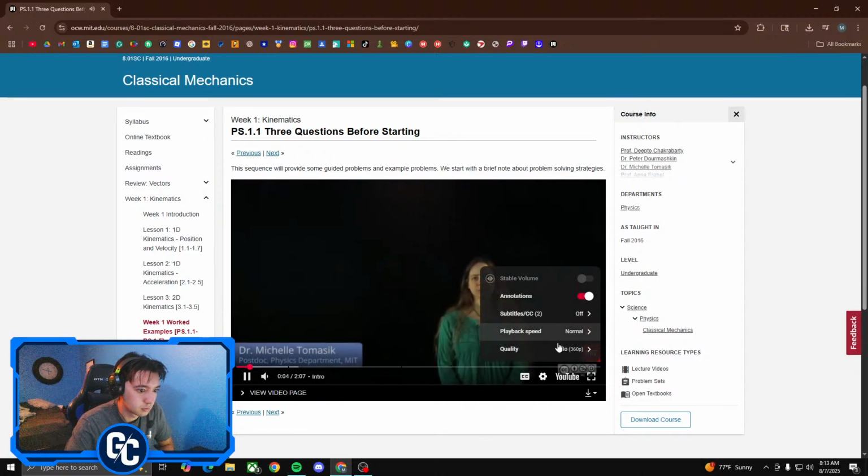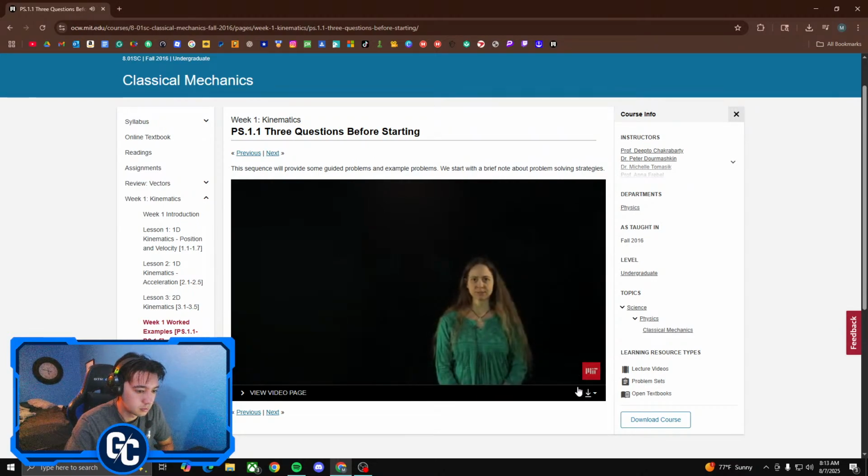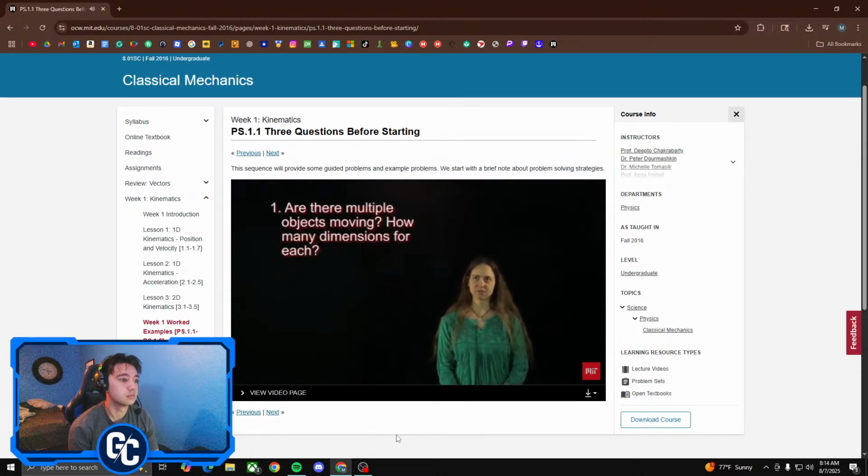I'd like to talk to you about solving these kinematics problems. So we're going to start by asking ourselves three separate questions anytime we start one of these kinematics problems, and this will help us really figure out what's happening in the motion. The first question that we want to ask is how many objects are moving? So do we care about more than one object? And if we do, we need to make sure to label each one distinctively.